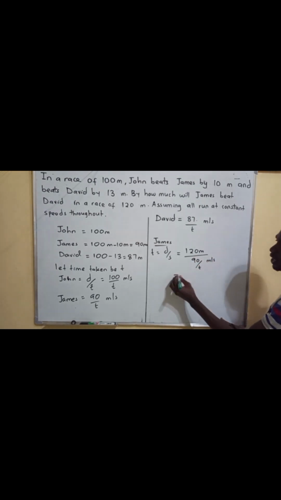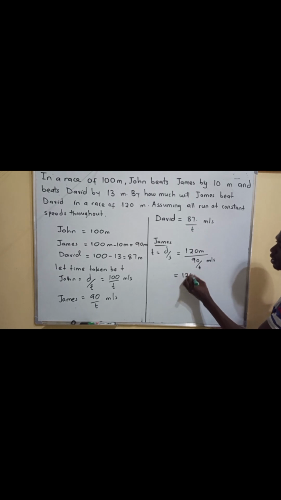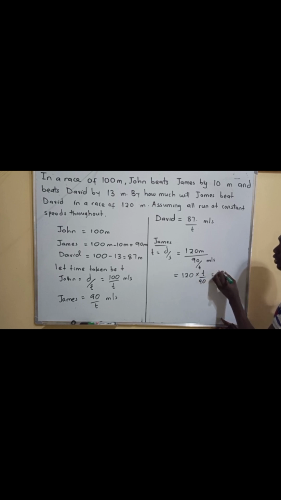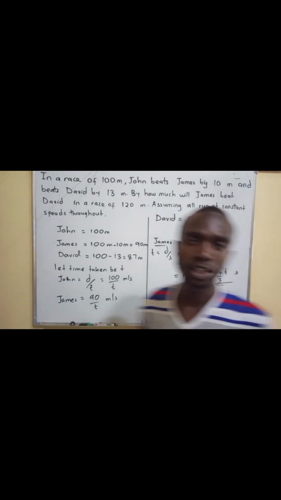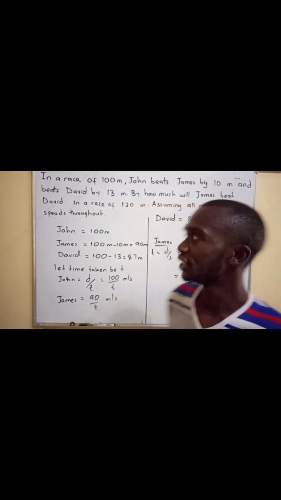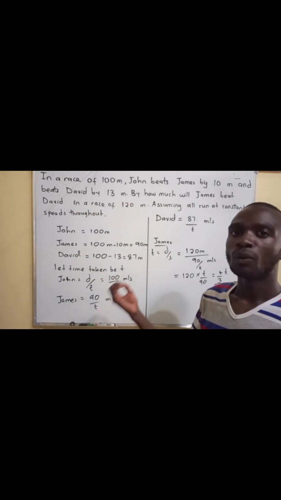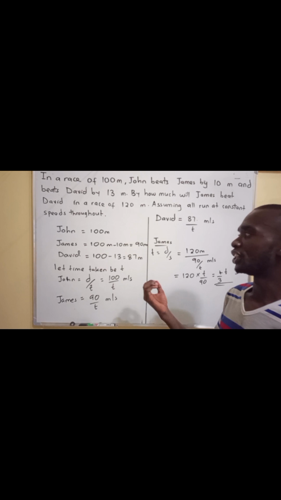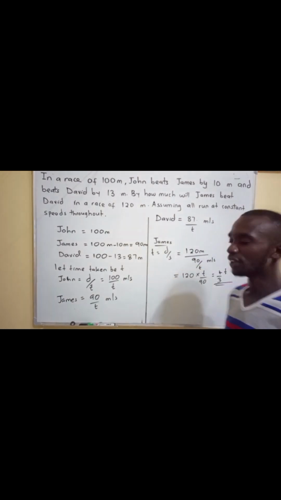So this is equivalent to 120 multiplied by the reciprocal of 90 over T, that is T over 90. And this gives you 4T over 3 seconds. So James spent 4T over 3 seconds to finish a race of 120 meters with the same speed that he used to complete the first race.